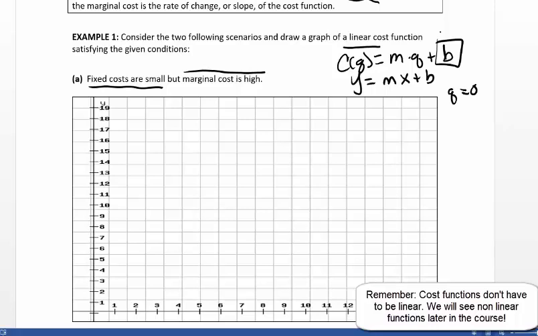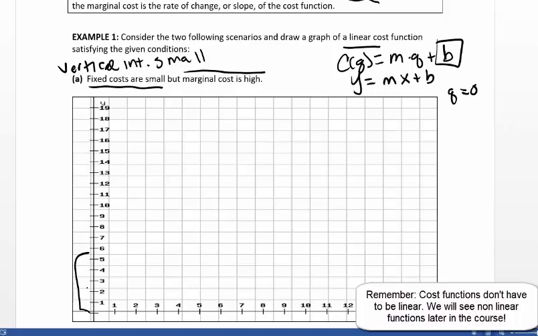So if fixed costs are small, that tells me that my vertical intercept is small. And so if my vertical intercept is small, that means I'm pretty low when I cross the vertical axis. So we don't have an exact value, but we want to be somewhere in the lower range, maybe somewhere between 1 and 5.